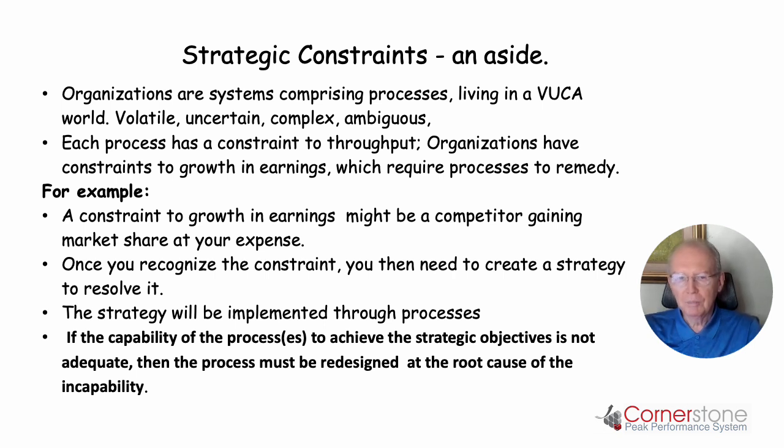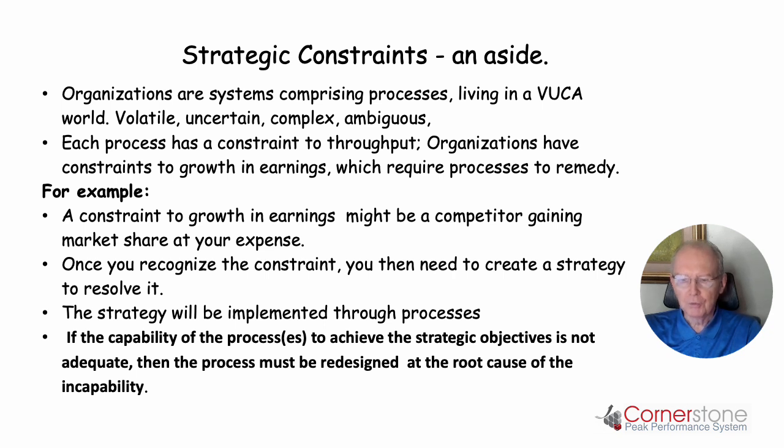And here's the really important thing. If the capability of the processes to achieve the strategic objectives is not adequate, then you've got to redesign that process at the root cause level to see how to change it so your strategy can be implemented.